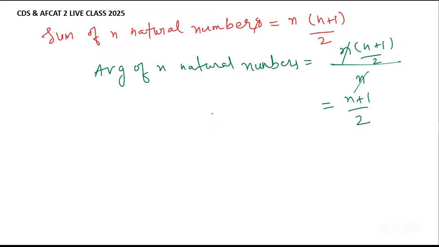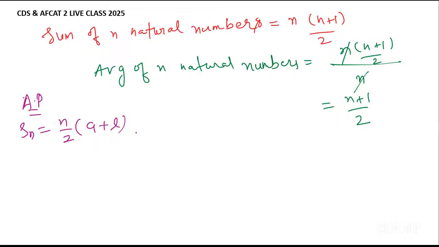Now, the sum of the first n even numbers. Can you tell me? The formula to find things related to natural numbers is actually an AP. You know what is AP? It is arithmetic progression. So Sn is equal to n by 2 times a plus l.